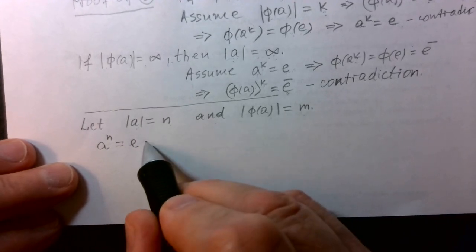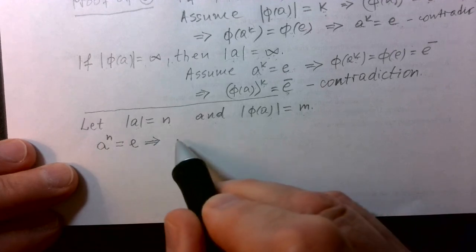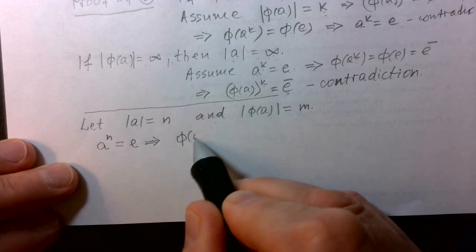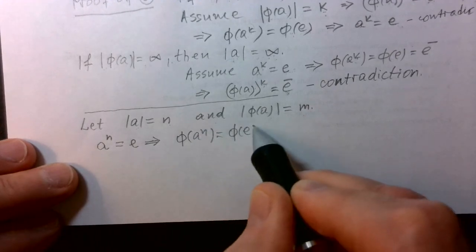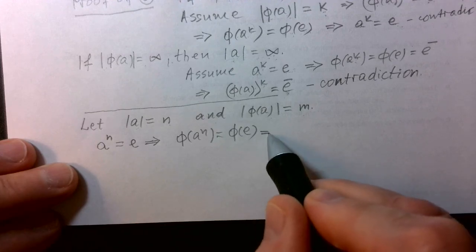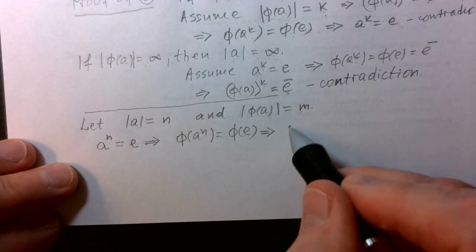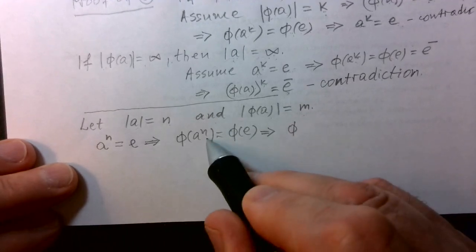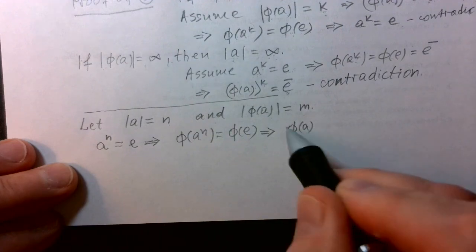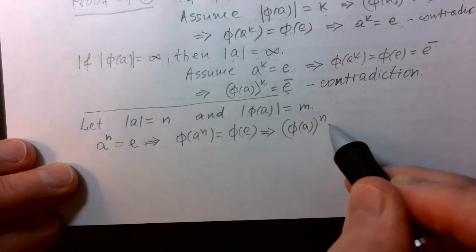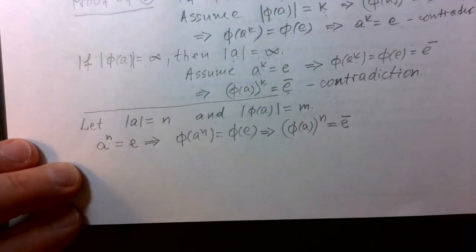Then take phi from both sides. From here we get, n can go outside. Instead of this we can write phi of a to the power n. And to the right we have e bar according to property 1.